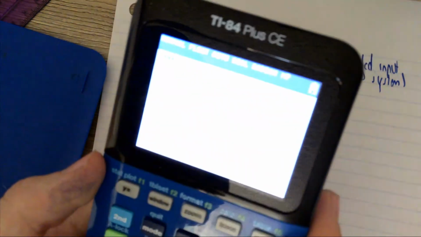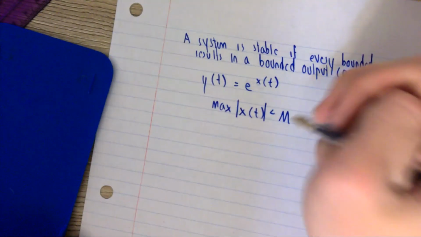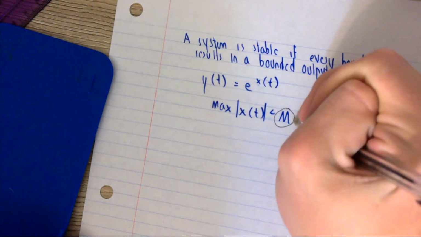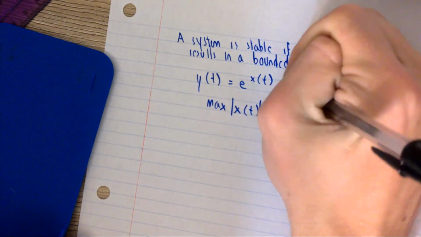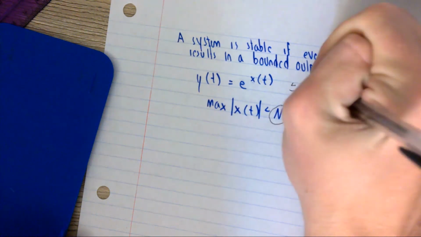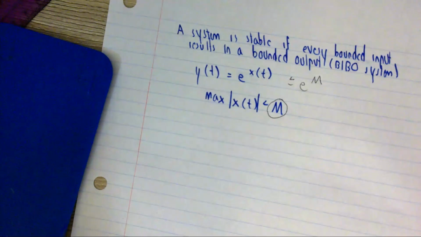Sorry, that was really bad. This thing did not show well. e is just a number. I was just typing in e to the 100. But if the maximum is under a constant in this function specifically, and if this is less than or equal to e to the m, then we can say that this is bounded.